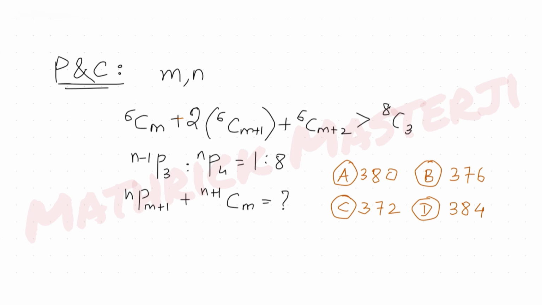Let's see how to solve this question. I have been given two equations. One consists of combinations, the other of permutations. First I see a permutation equation which says (n-1)P3 : nP4 = 1 : 8, which looks easy to solve, so let's solve that first.